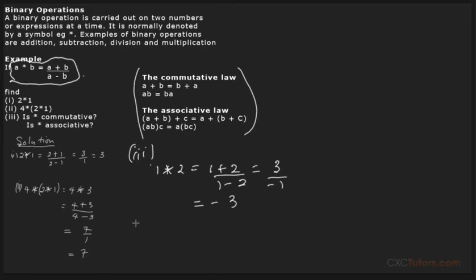So to conclude, we make a statement that since 2 star 1, I beg your pardon, is not equal to 1 star 2, then star is not commutative.